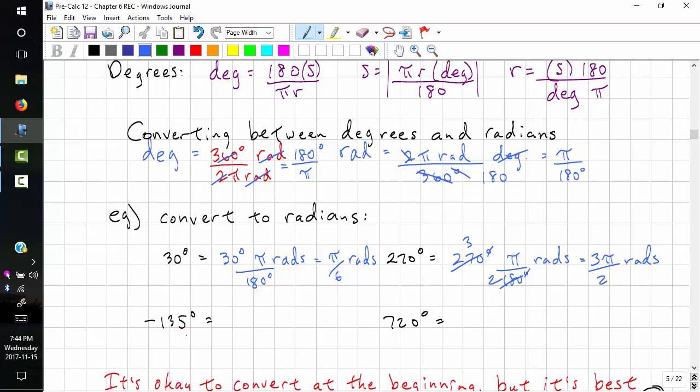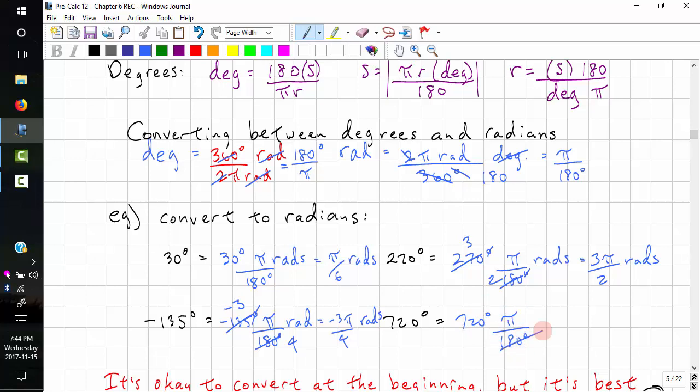Negative 135 degrees, pi over 180 degrees, radians. Degrees cancel out. Common factor is 45. This is negative 3. This is 4. And we get negative 3 pi over 4 radians. 720 times pi over 180.